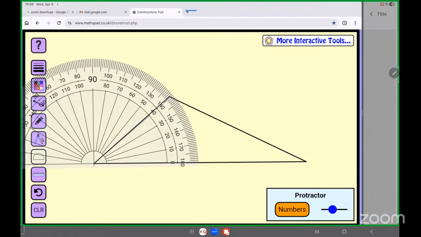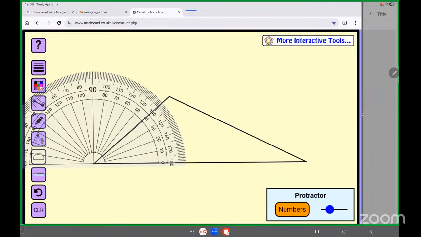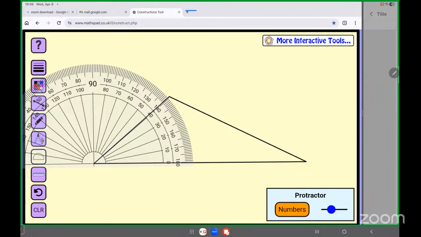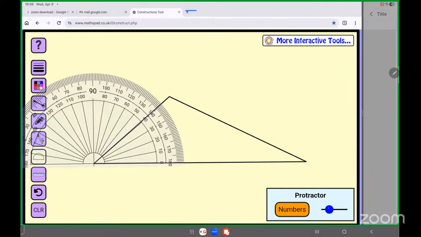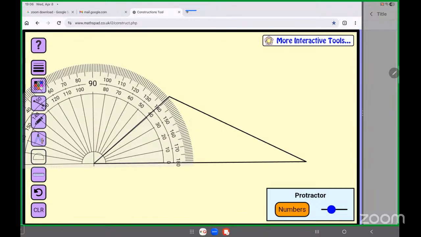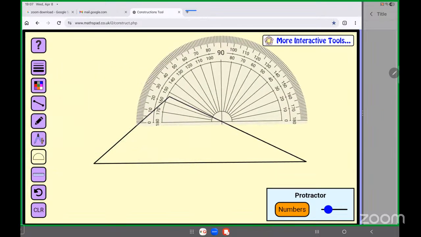See that? 41 corresponds to 140 on the other scale, because the total angle must always be 180. One scale goes from 180 down, one scale goes from 0 up. The inner scale and the outer scale must always add up to 180. So this looks like more than 40, about 41 degrees. So I would say that angle is 41 degrees.